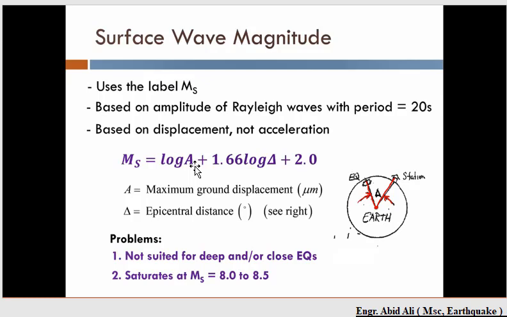So we are talking really small displacements. And then this capital D or delta right here is referred to in literature as the epicentral distance, because it's not really a distance, it's an angle.